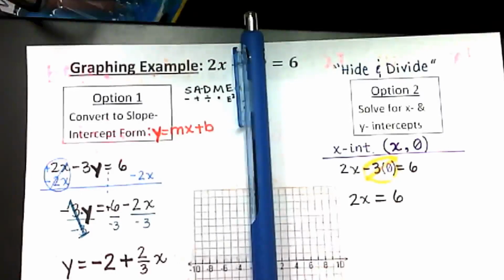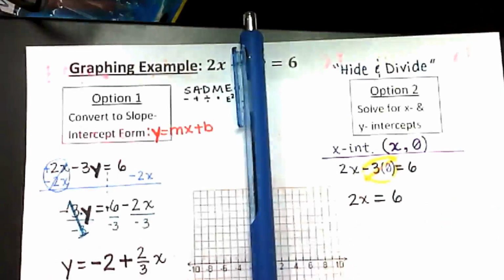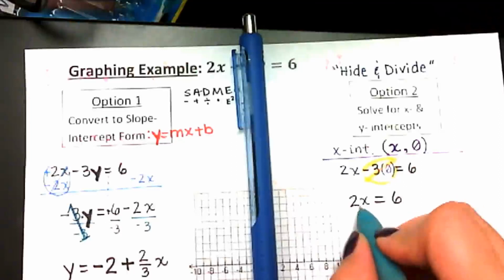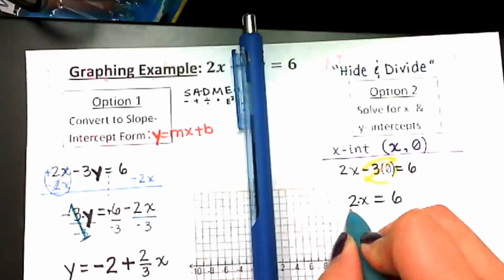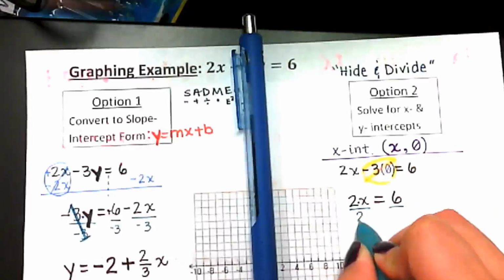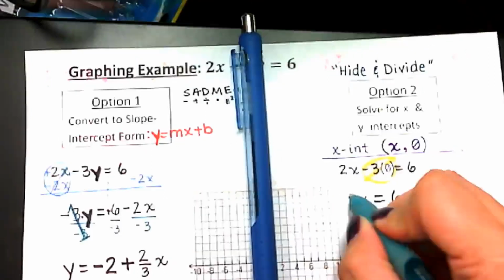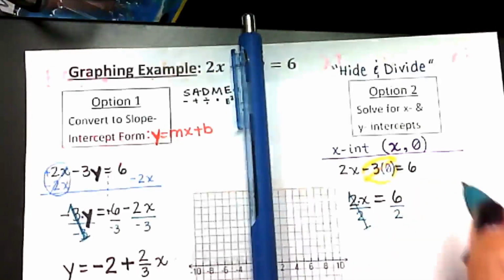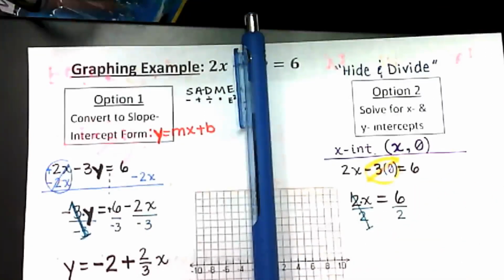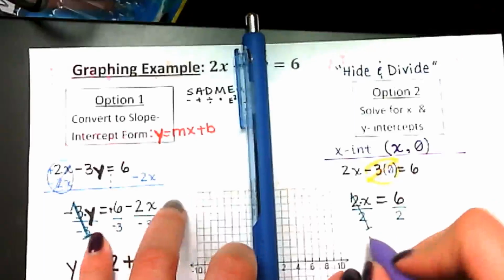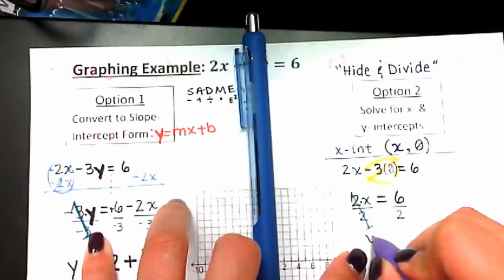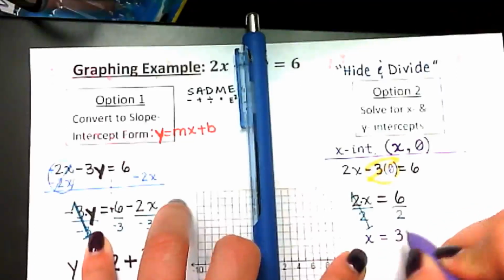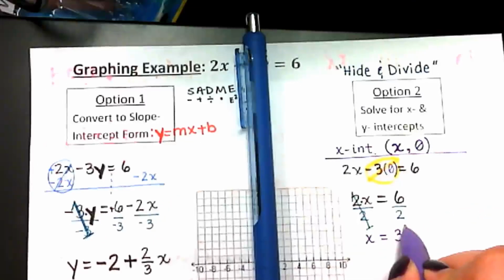To get my x alone, just like I did over here, I'm going to do the inverse operation on both sides and divide by 2, leaving me with x equals 3.